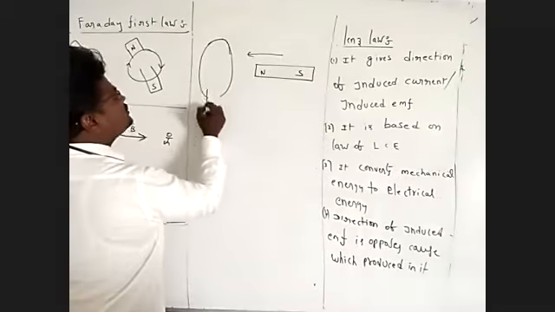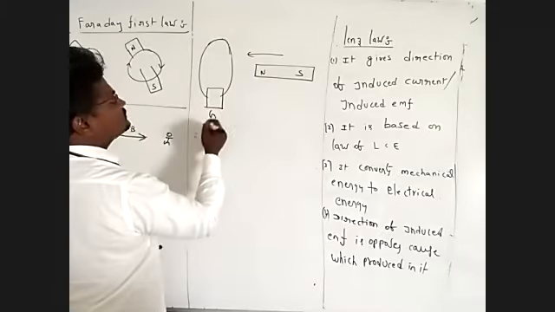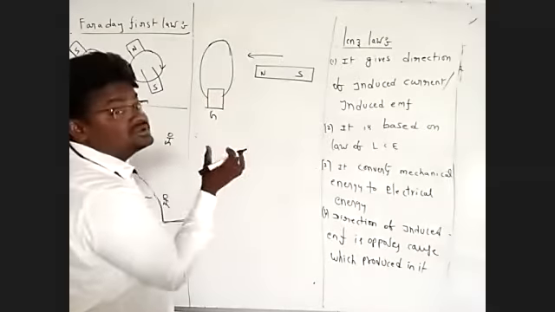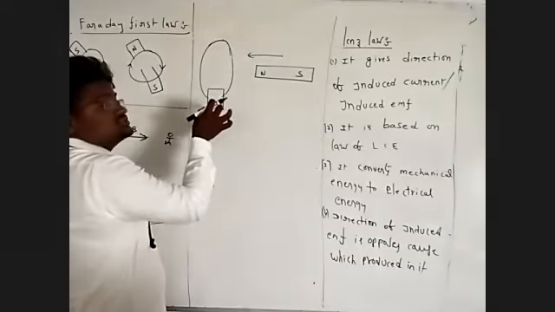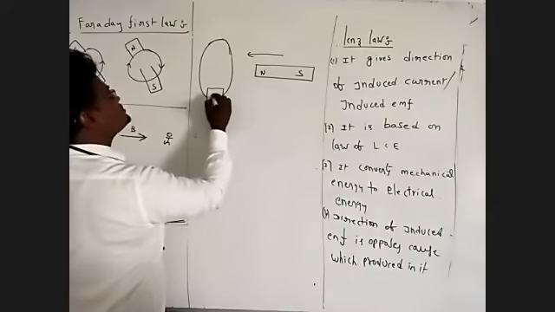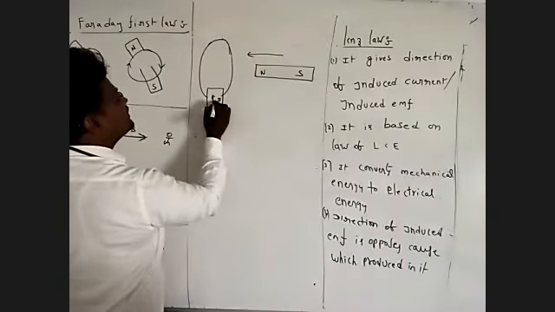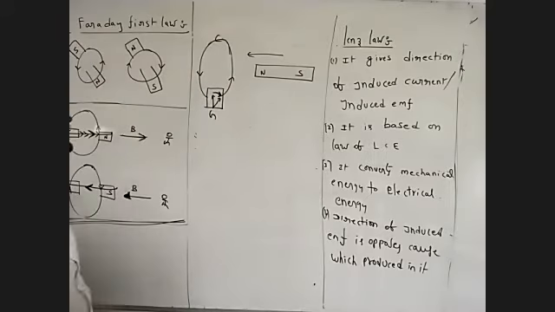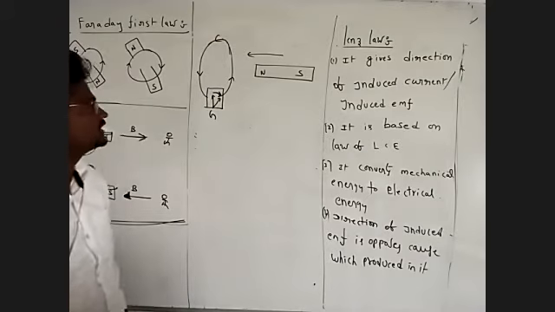But we are not seeing the current. A galvanometer is connected between the two ends of the copper coil. This galvanometer shows the deflection. The pointer moves in this direction, which means current flows in this direction. That is the direction of current.